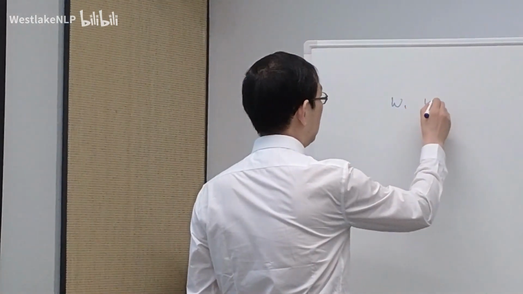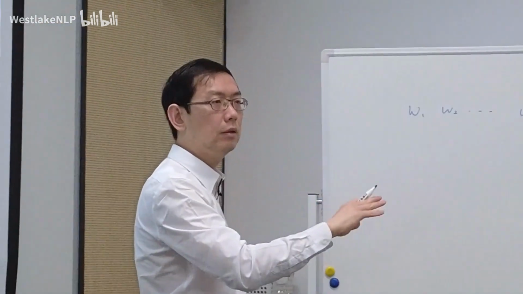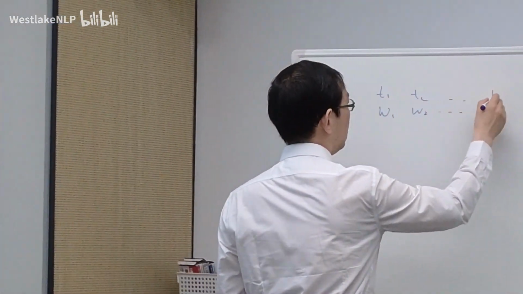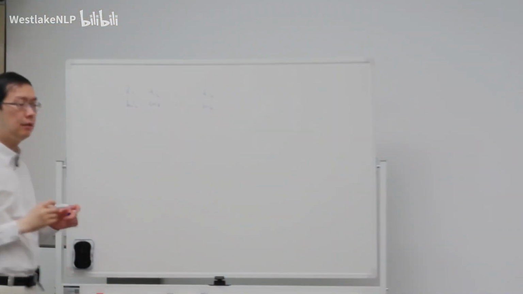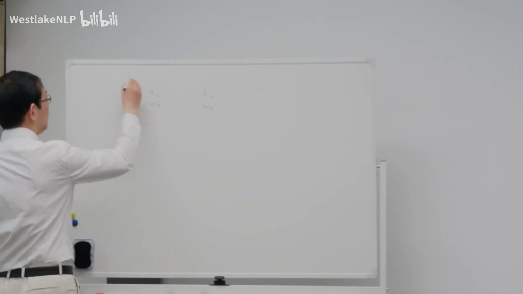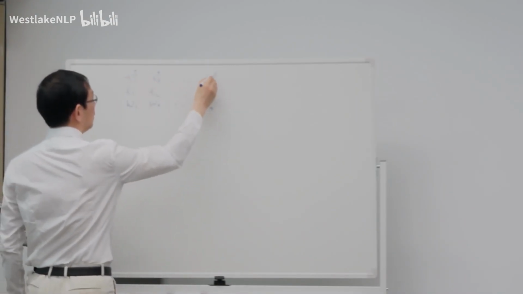You have W1, W2, until Wn as n words, and you have T1, T2 until Tn as the sequence of labels on the words, and you have a gold sequence of labels, maybe T gold 1, T gold 2, until T gold n.